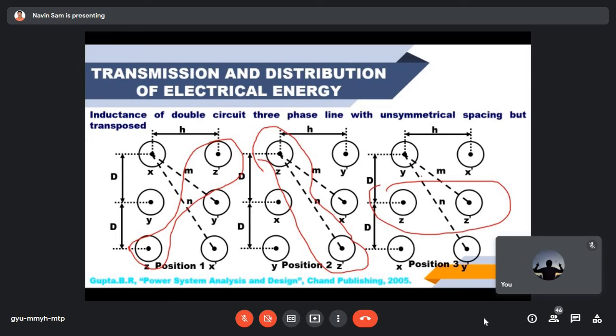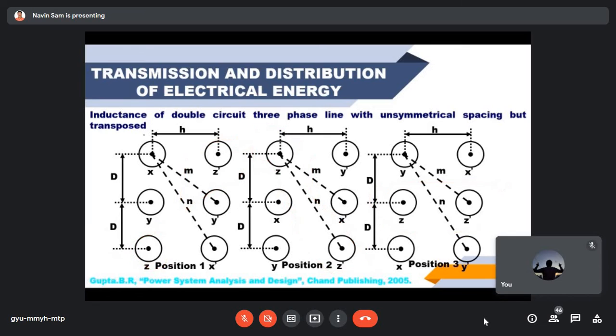Now with this, I am going to derive the expression for inductance in conductor X. I am going to concentrate only on this. If I am able to estimate the inductance of this conductor, I can easily evaluate anything. So I'm going to evaluate the inductance of this conductor, assumed to be Lx.